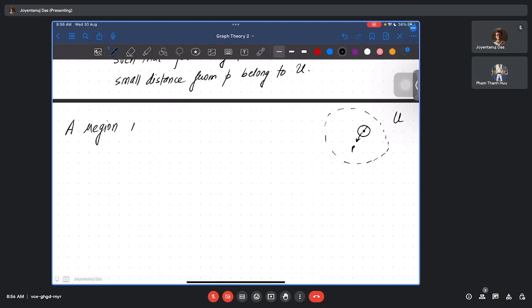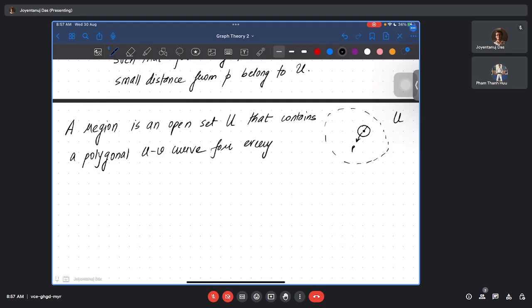A region is an open set U that contains a polygonal curve between U and V for every U comma V belonging to capital U. So that is the definition of a region.